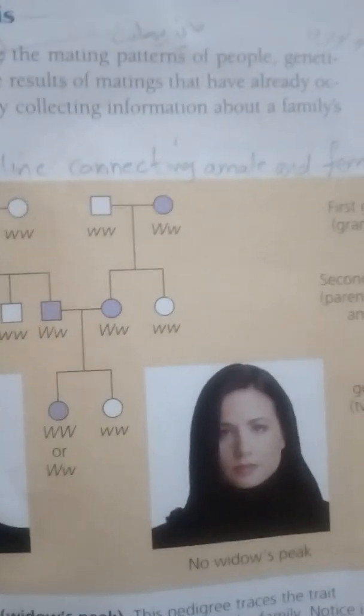Notice this diagram shows a pedigree. In this family tree, squares represent males and circles represent females.